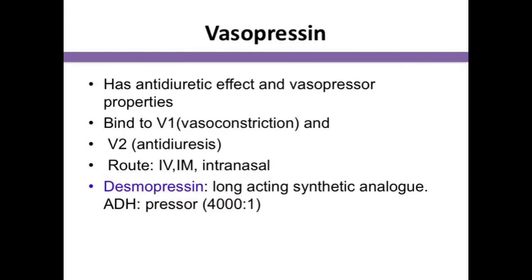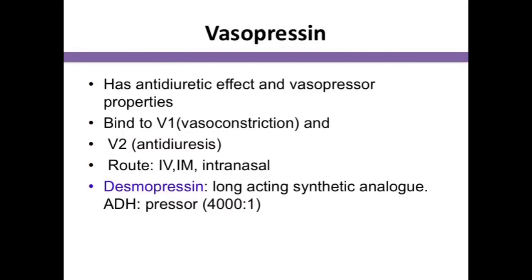The synthetic analog is desmopressin, which is a long-acting synthetic analog. If we want to compare desmopressin and vasopressin, or ADH, desmopressin has more of an antidiuretic effect and less pressor effect.